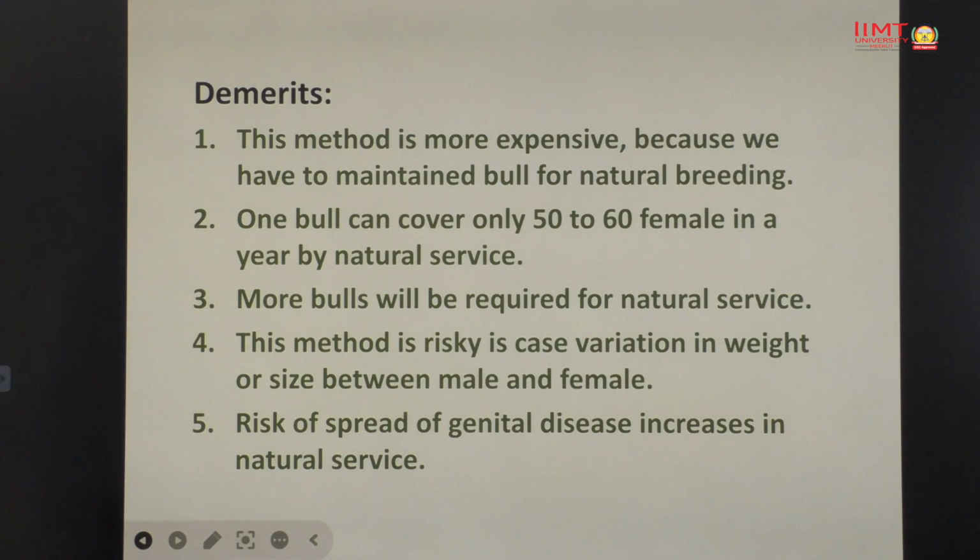This method is risky in case of variation in weight or size between male and female. Number five is risk of spread of genital disease is increased in case of natural service.